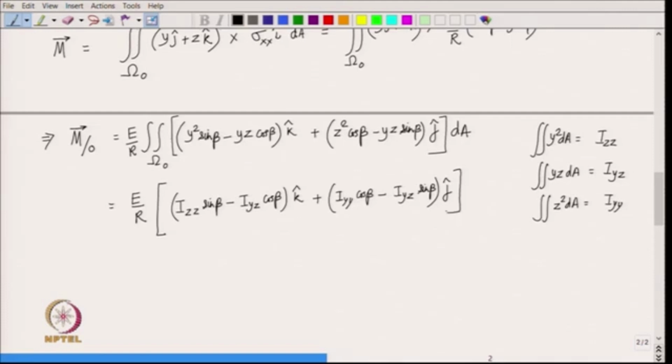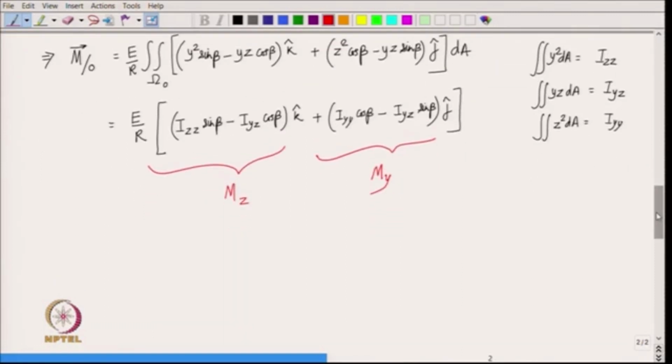So, that is the total moment, and supposing that we are applying, let us say, M y and M z in the cross section. In that case this part is M z, whereas this part is M y, because these two parts are the moments about y and z axis, and that will be known to us. So, we can equate this quantity to the knowns M y and M z.